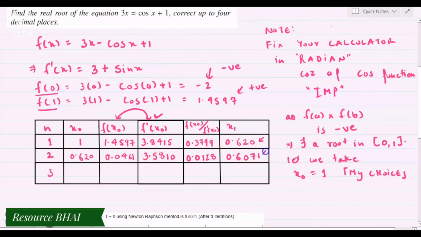Now let us move to the next value, n as 3. Take the value 0.6071 as x naught. Find the value of the function at this point.